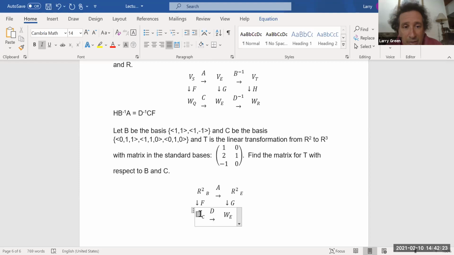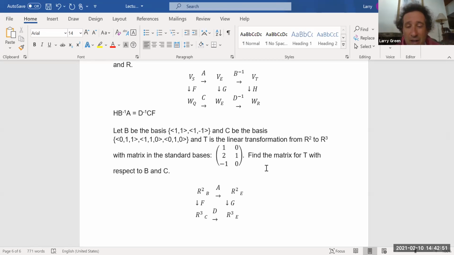And W is now R3. Like so. Any questions on this? Let me label this matrix, the 1, 0, 2, 1, negative 1, 0.